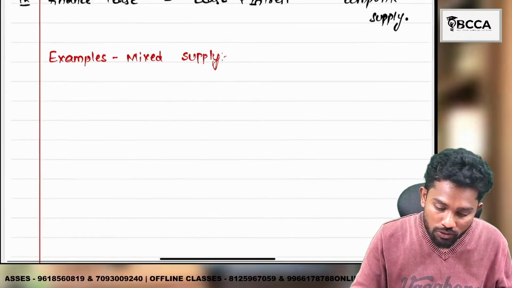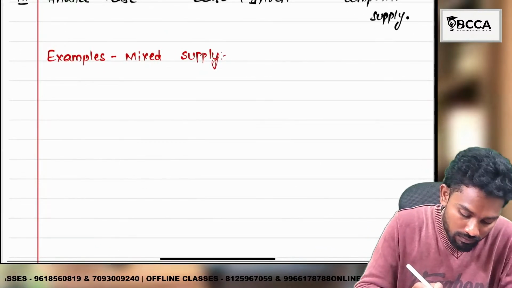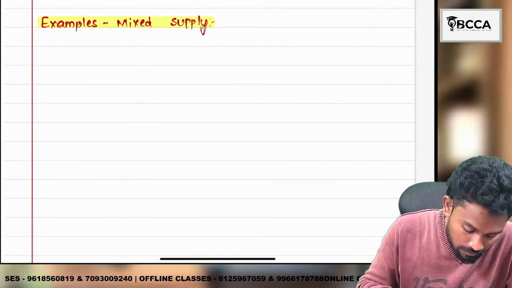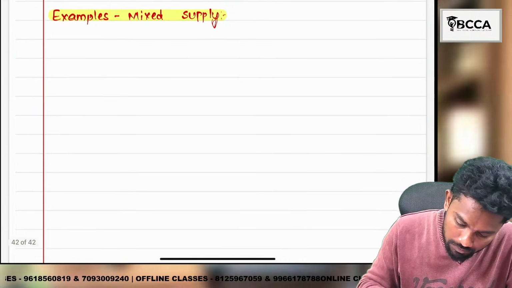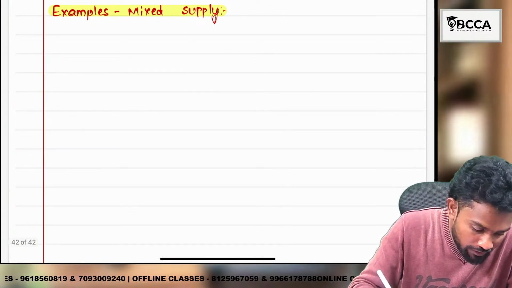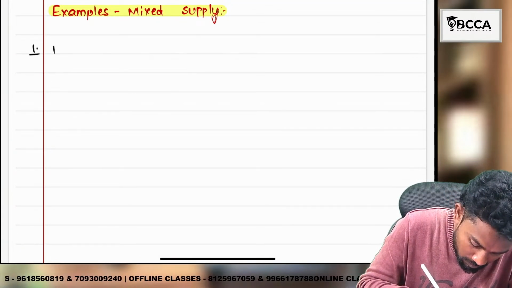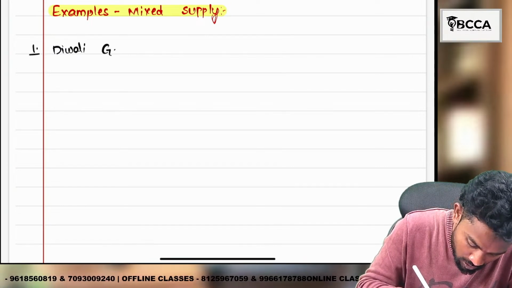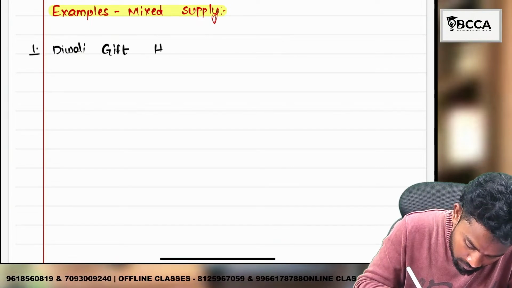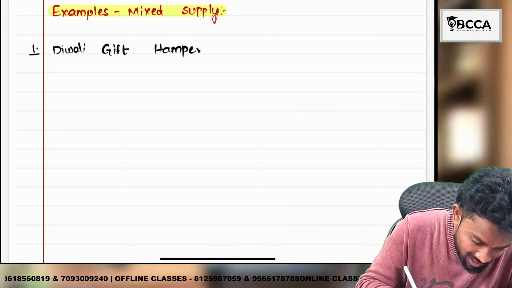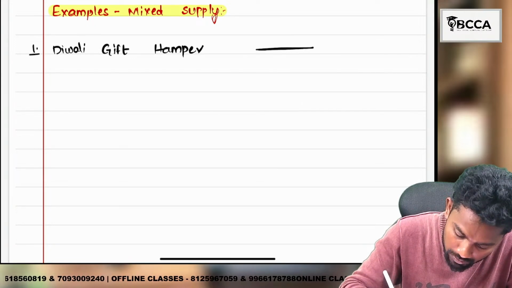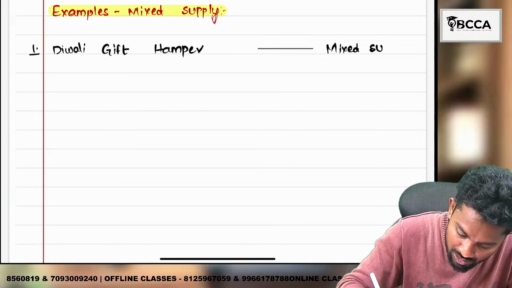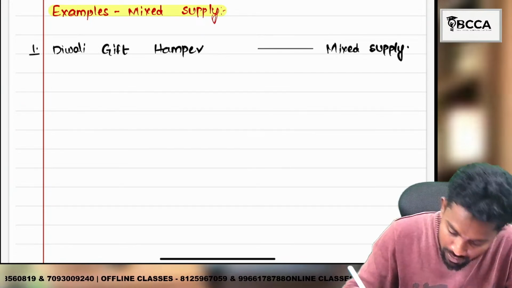Then examples of what? Mixed supply. First one, Diwali gift hamper.